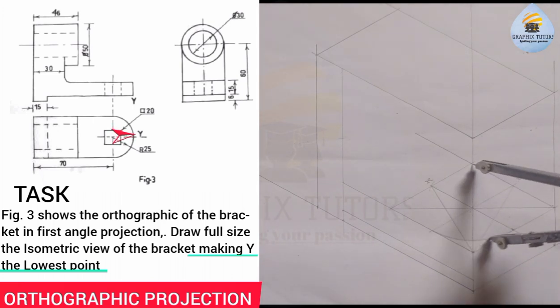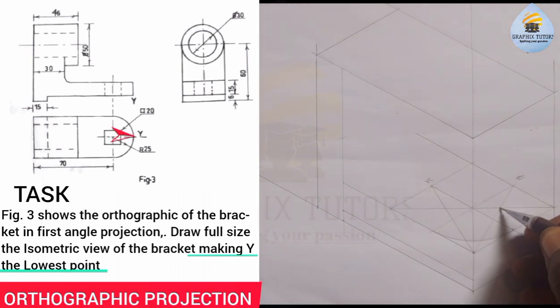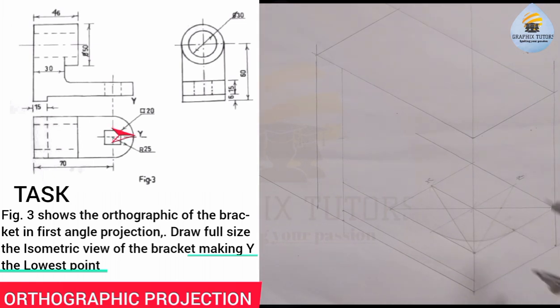Right, this is the curve I have, and where this line meets this point will be another point I need. I'll place my compass at that point to get my other curve from here to here. You can see that. So I've taken it out.